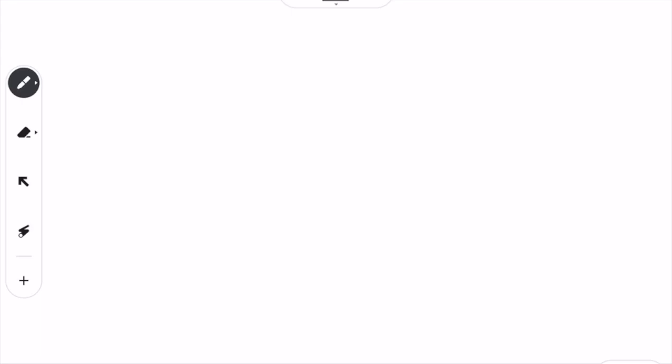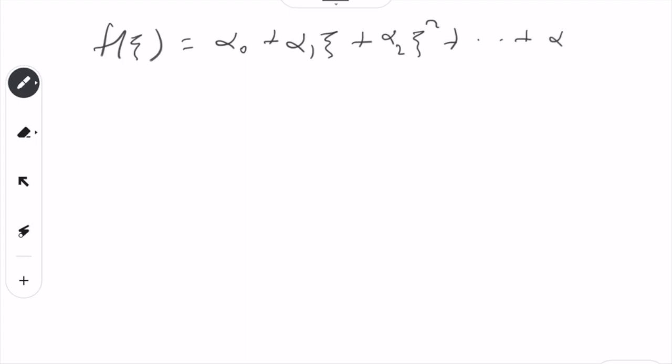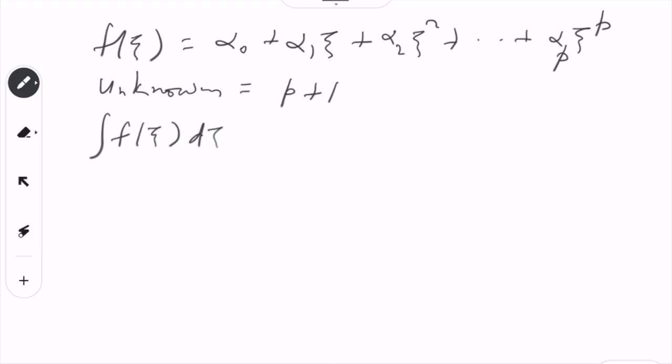If f xi is equal to alpha naught plus alpha 1 xi plus alpha 2 xi square up to alpha p xi to the p, the unknowns here are p plus 1, and hence the integration of f xi d xi from minus 1 to 1 will have p plus 1 unknowns.